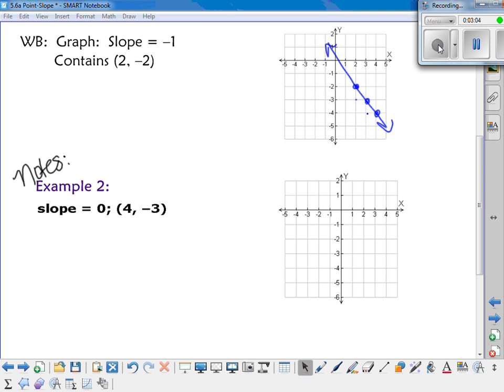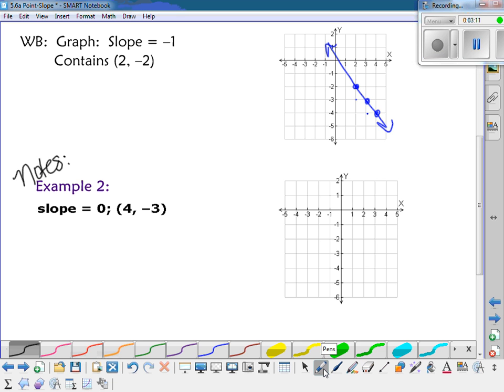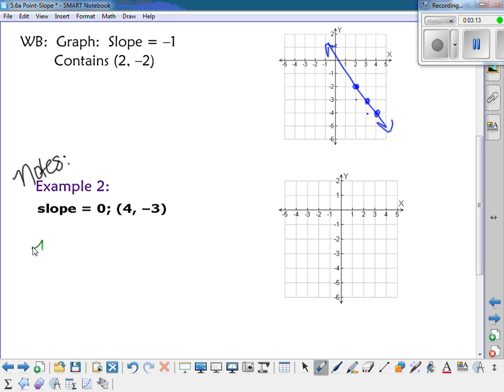Okay, so you have a slope of 0 and a point 4, -3. So if my slope is 0, I can think of it as 0 over 1 for my rise over my run. So I start at 4, -3, and my rise is 0, so I'm not going to go up at all, am I?